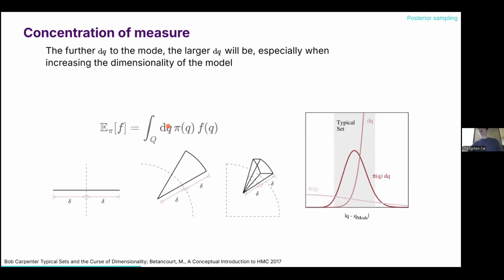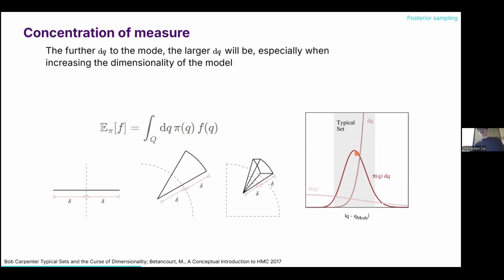And this dq is the volume. It will increase dramatically when you move far from the mode, okay? And the density function, we know at the mode, it will have the highest value, so it will decrease. But what we want is the integral.